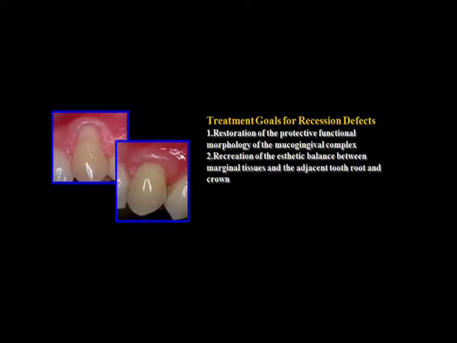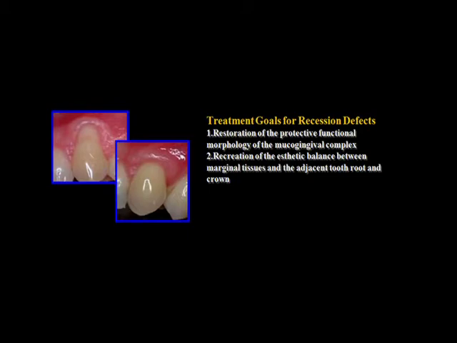Now, anytime you are doing a study or you and I are treating patients where we're trying to cover root surfaces, there's 3 goals. Number 1 is to restore the functional part of the periodontium, and number 2 is to restore the aesthetics. And I think I've shown you that we've been able to do both functional aesthetics through test or control.